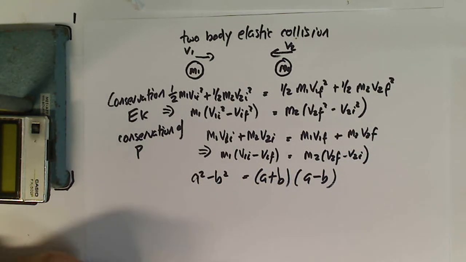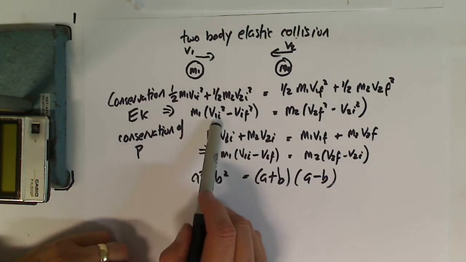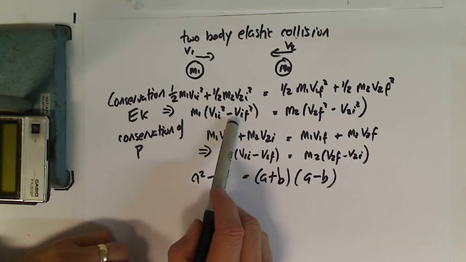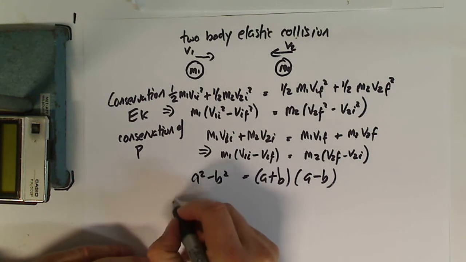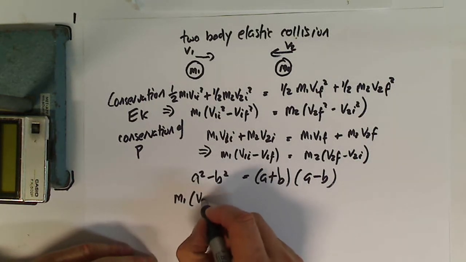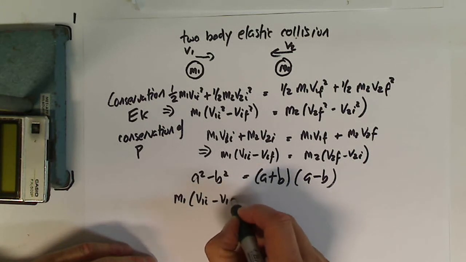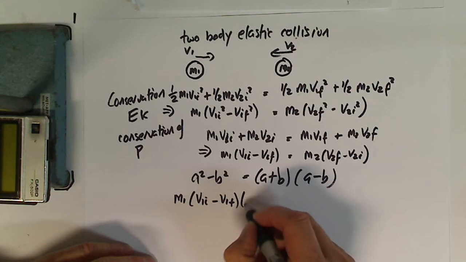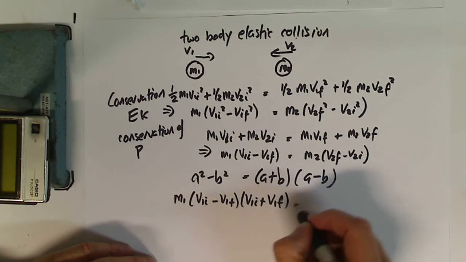Now if we go back to this part, we can see we've got an M1 times V1 initial squared minus V1 final squared. Same with this one. So we can rewrite those based on this formula. We can say, okay, so that's M1 times V1 initial minus V1 final times V1 initial plus V1 final.